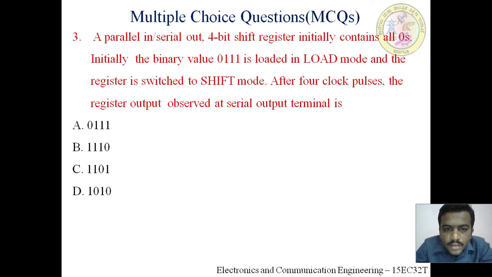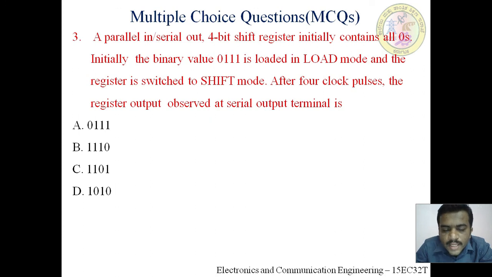This parallel data loaded into the shift register will shift out of the shift register in serial mode. That is, one bit is shifted out of the shift register at a time. The LSB, that is binary 1, will be the first bit shifted out. After the first clock pulse, the LSB is shifted out of the shift register.